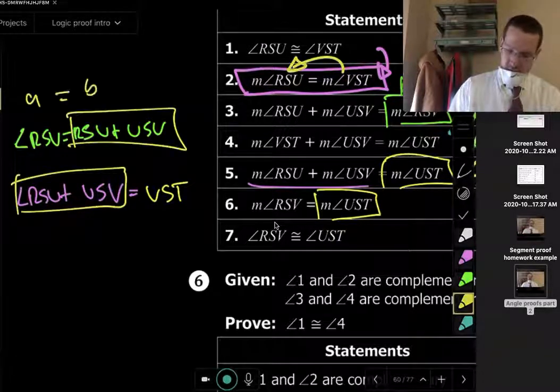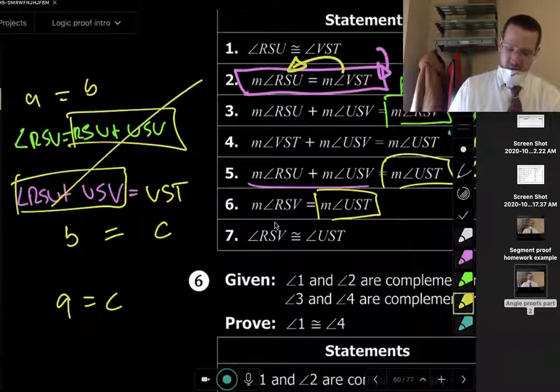A equal to B, B equal to C, A equal to C. These two cancel effectively. And yep, this is the bridge. So that's my transitive property.